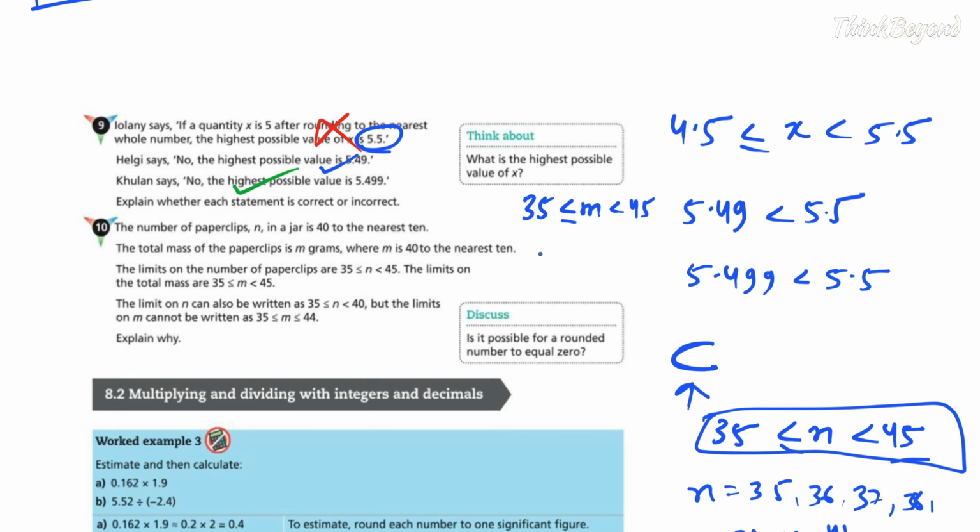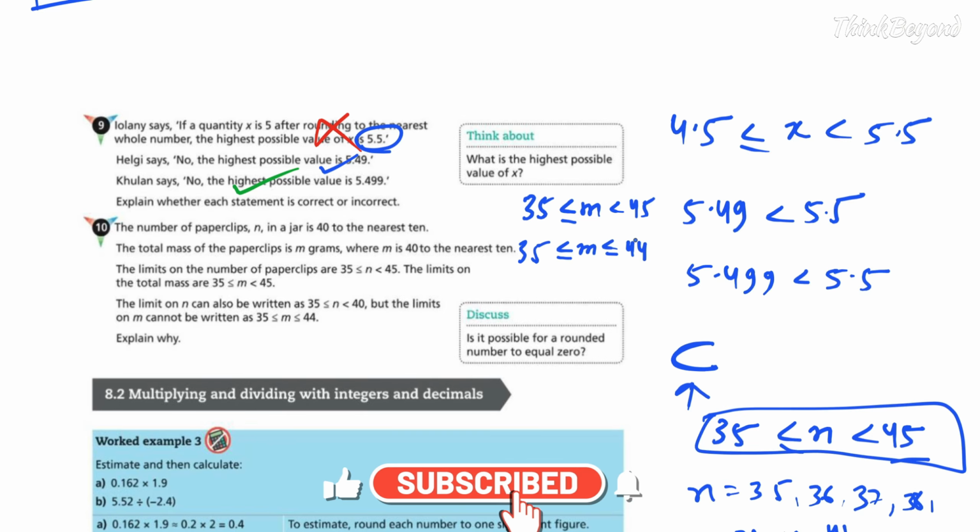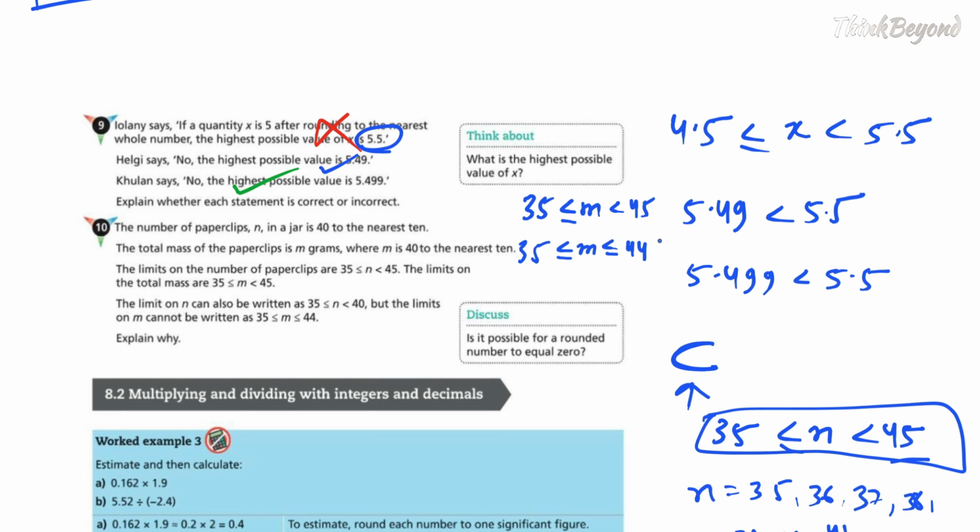Writing 35 less than or equal to m less than or equal to 44 would be incorrect. It excludes possible values like 44.5 grams.